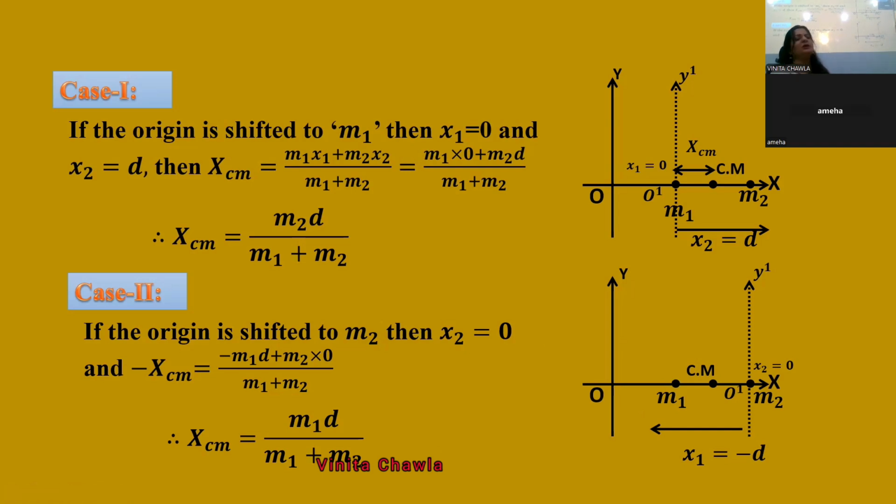So we simply take the mass M1 or M2, here M2, the particle which is not at origin. So here M2 is not at origin, and in this case M1 is not at origin, and we take that mass in the numerator. We multiply the distance between the particles and divide it by total mass. Okay. Write both the cases.